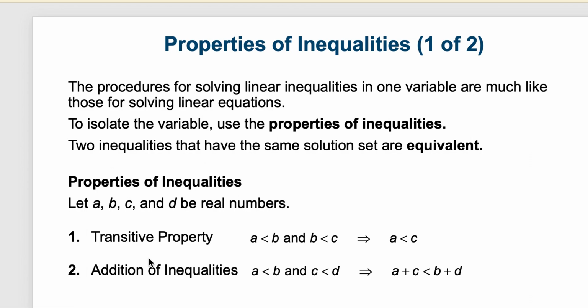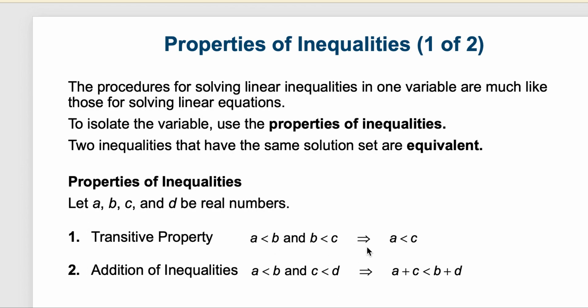Let's see the properties. A, B, C, and D are all real numbers. The first property is the transitive property. If you take two inequalities, A is less than B and B is less than C, and they share the same variable B, you can combine them into one inequality.